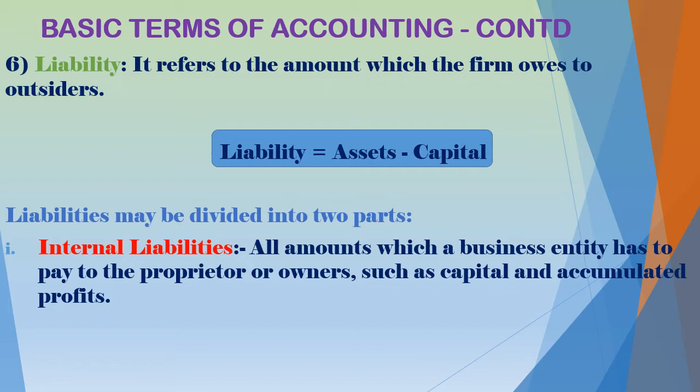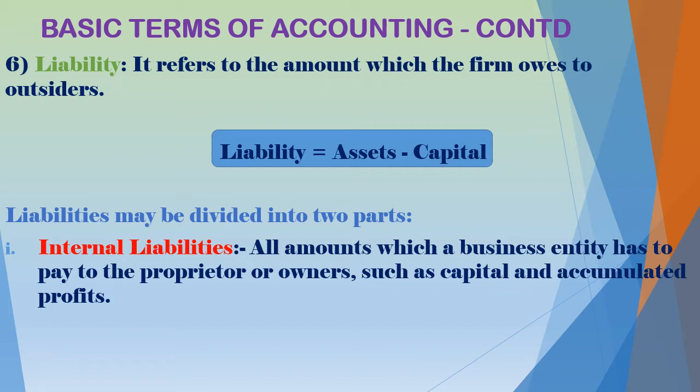So whenever the business makes any profit or earns any amount of money, the business has to give this amount to the owners or the proprietors, and so we call it an internal liability, because the owners or the proprietors are directly attached to the business entity.